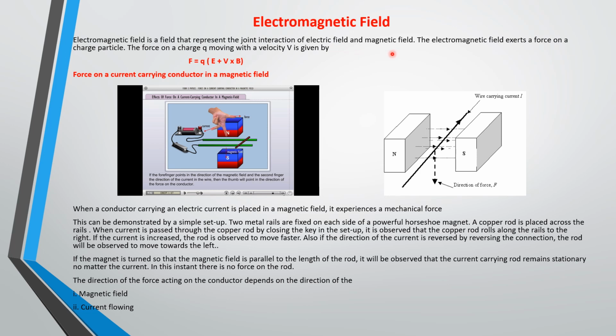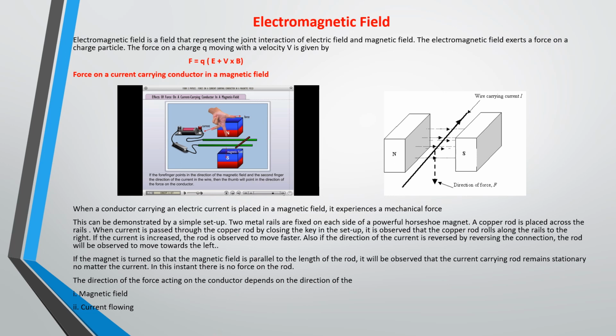Electromagnetic field actually exerts a force on a charged particle. So if a charged particle is in the magnetic field of a bar magnet, the electromagnetic field will exert a force on it, and the force on a charge moving with a velocity v in an electromagnetic field is given by this equation.